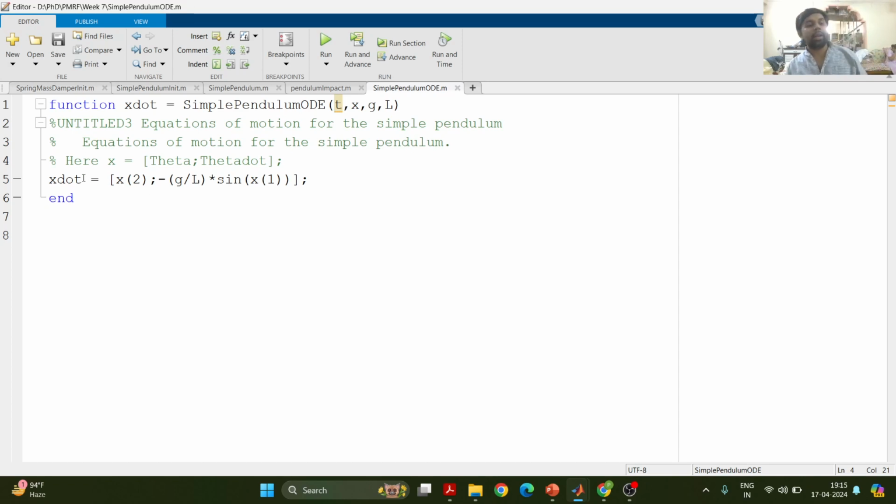So x dot: the first row is x2, and the second row is minus g by l sine theta, where theta is x of 1. This is how we express x dot as a function of the state variables.